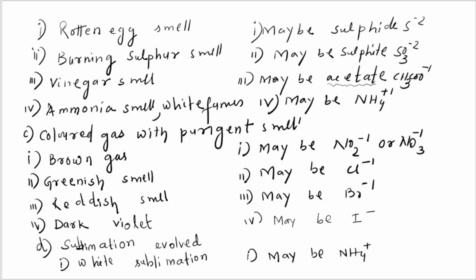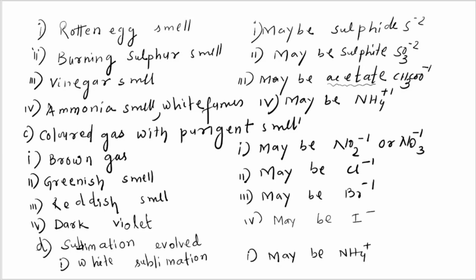If ammonia smell is coming and white fumes are there, then it may be NH4 plus 1, the ammonium radical. And colored gas means there should be some color.